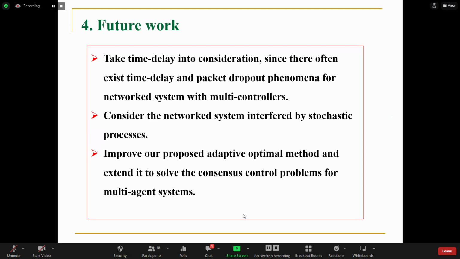Can I repeat the question? Yes. My question is about the stability condition that you pose on slide number 38. On this slide, you propose a condition to guarantee the bounded signals for the control systems.